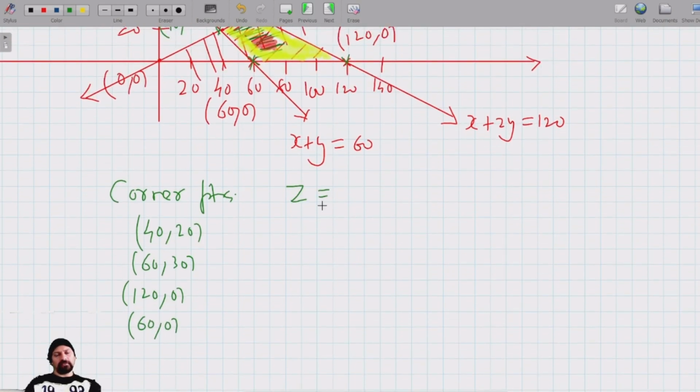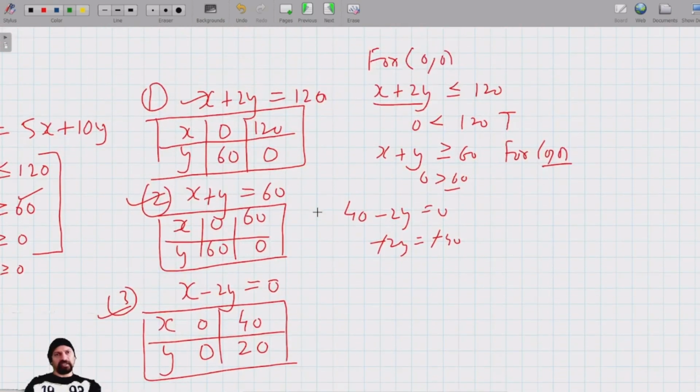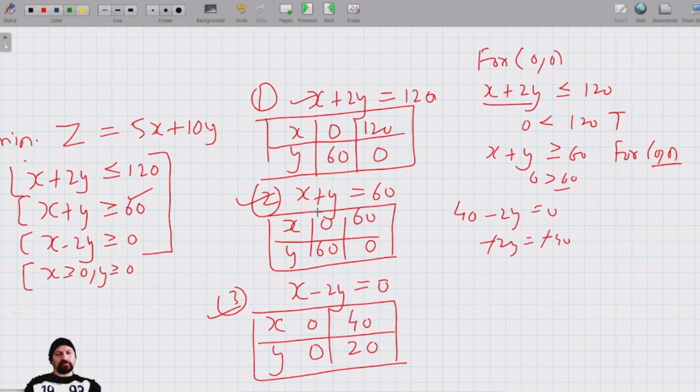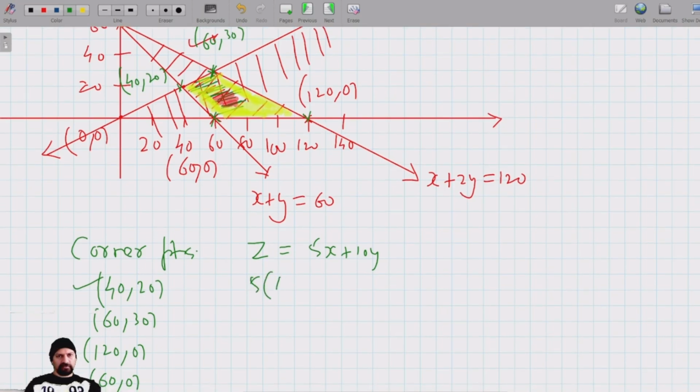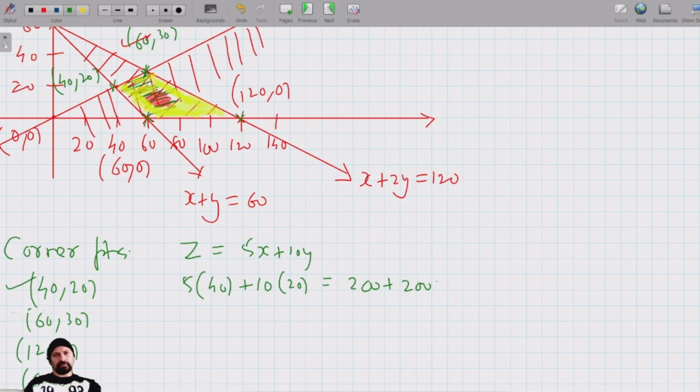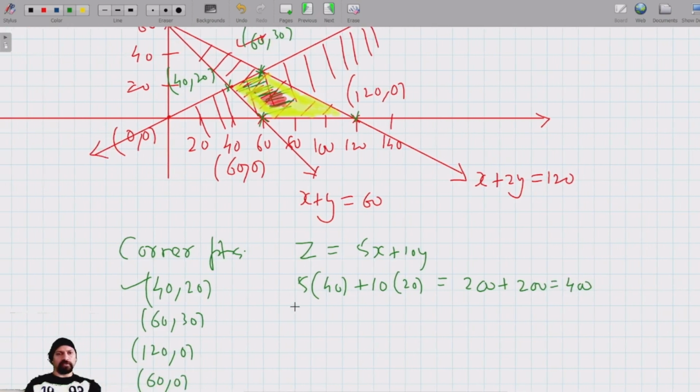Okay, let's get the value of the function, and the function is 5x plus 10y. For the first point, it's 5 into 40 plus 10 into 20, which is 200 plus 200, equal to 400.